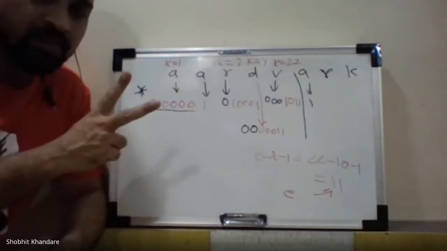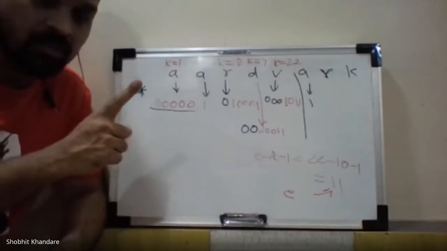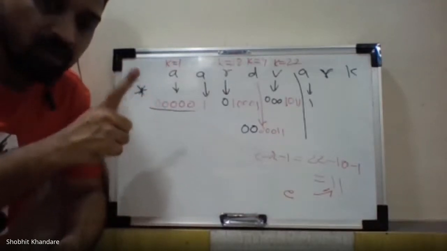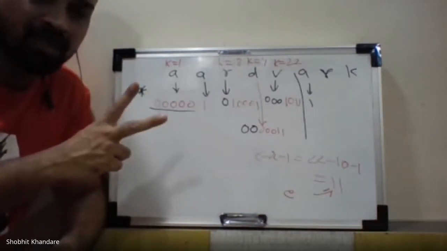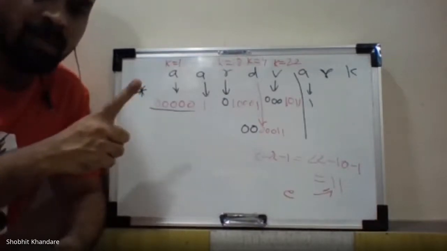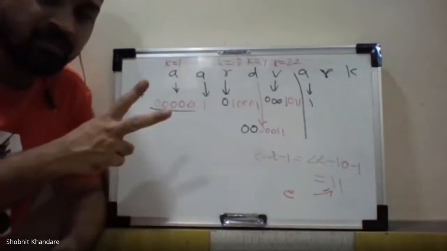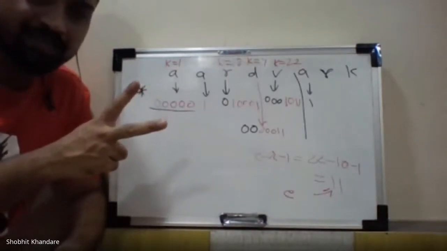Second swap, you have a new updated tree. Understood? So only a single swap is allowed for updation in a single step. Is it clear?